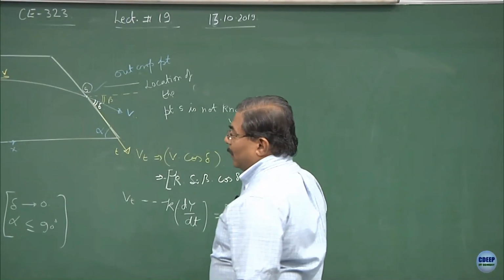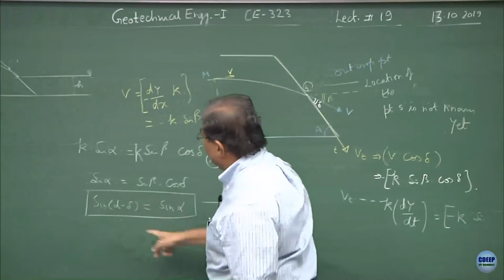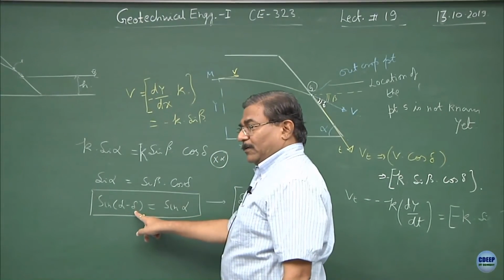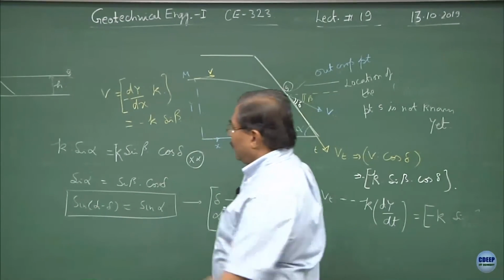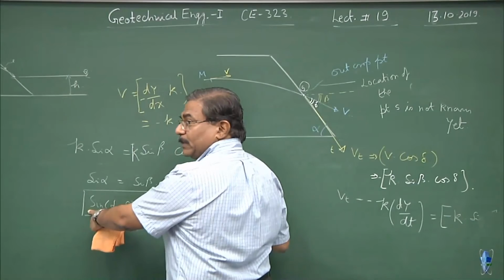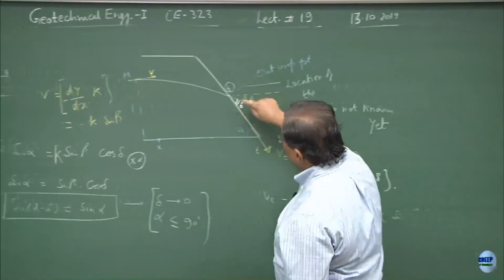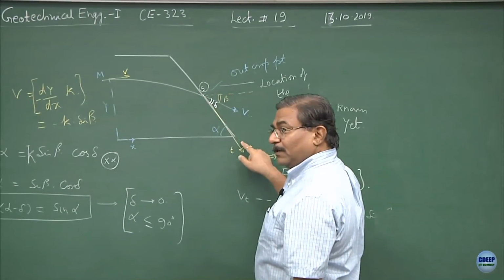Sir, then can we have the two approximations simultaneously, like beta also tending to 0 and delta also tending to 0? Delta tending to 0 we are assuming, because this expression is valid when delta tends to 0, clear. As long as the derivation is concerned we have not assumed anything, but to force a solution over here we are forcing the solution that the seepage has to take place parallel to the slope, and we reach that by assuming that delta is tending to 0.